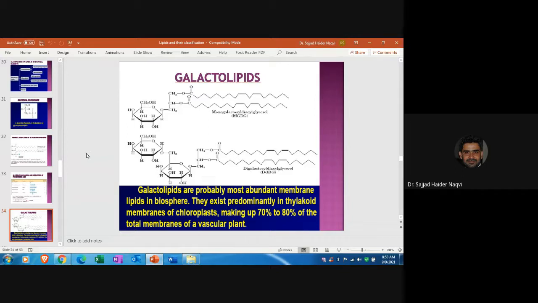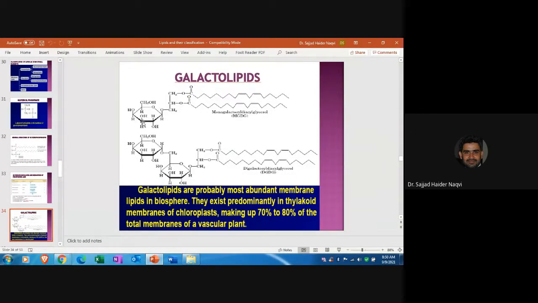Again, you can see that we have a glycerol molecule here, we have fatty acids attached, and we have a sugar moiety in place of the phosphate, in contrast to the previous example. So these are the examples of galactolipids.